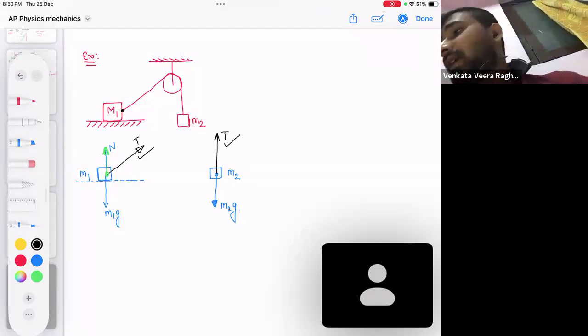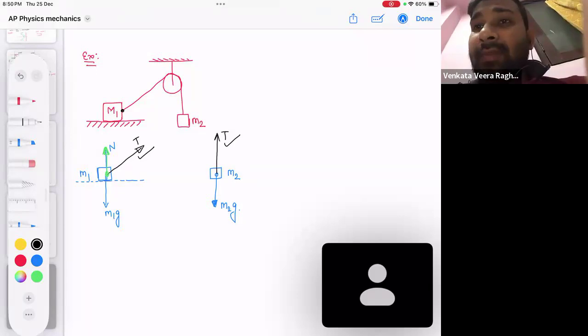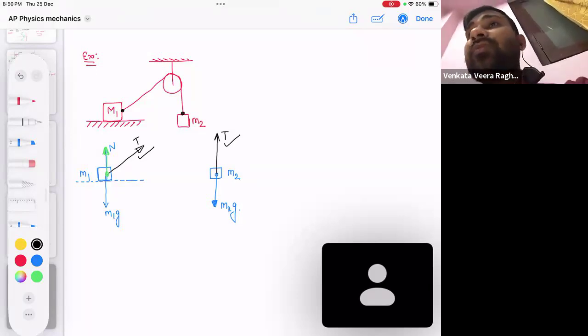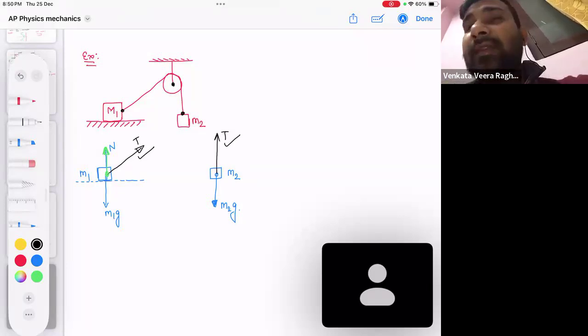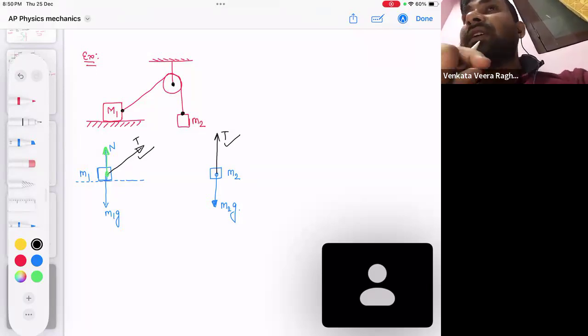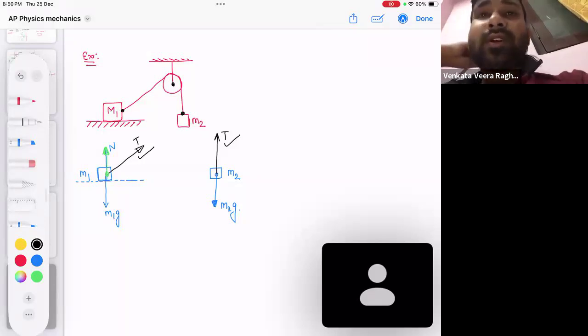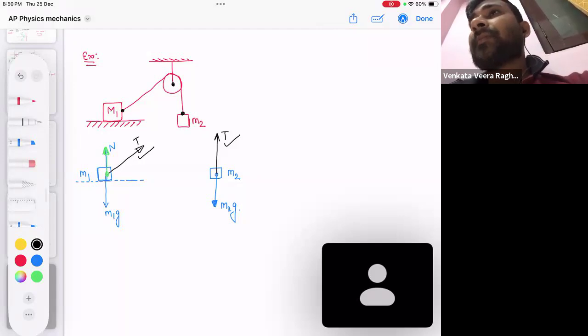Because m1 and m2 are connected with the help of the same ideal string passing over an ideal pulley. An ideal string has the same tension throughout the string. An ideal pulley means that even when a string passes over two sides of the pulley, both sides will have the same tension. So please check and tell me, do you understand the direction of tension now? Yes, sir.